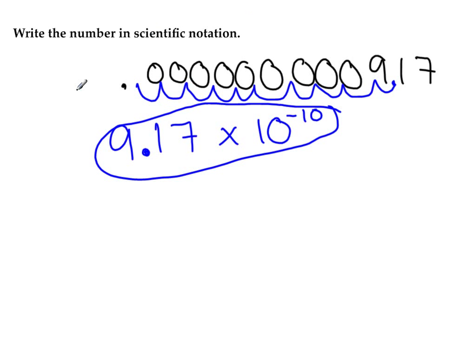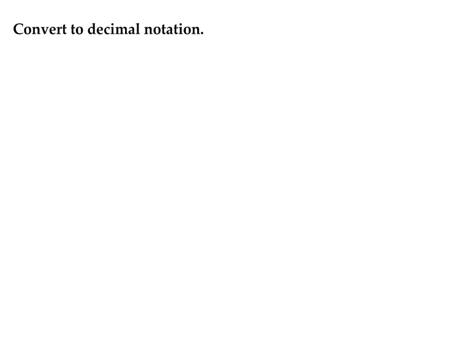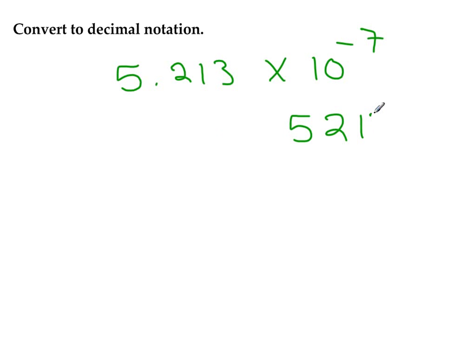If we want to go backwards and convert to decimal notation, let's start with scientific notation. Let's say we have 5.213 times 10 to the negative 7th. What we're going to do is write down our significant digits without the decimal point. And I'm going to use my scientific notation to help me out. I have it to the negative 7th, so the negatives are to the left.